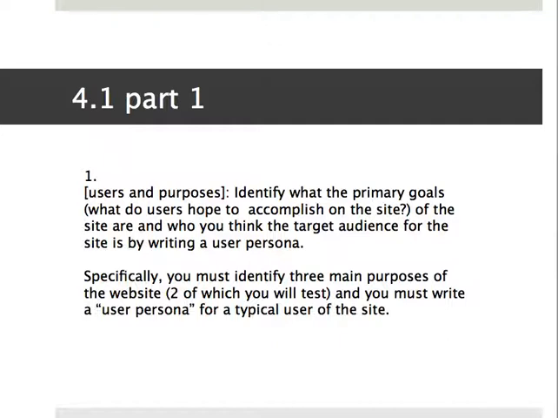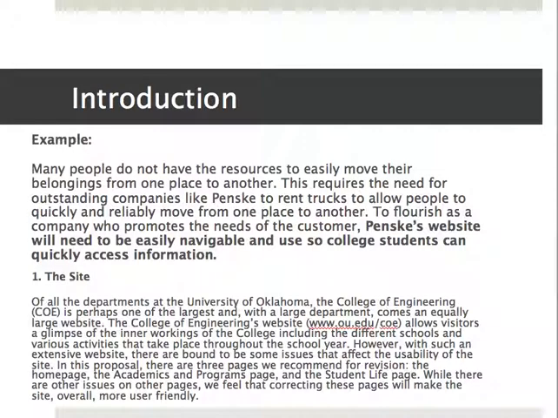Use the feedback that you've gotten from your persona before to write a really fleshed out great persona for this. But you're also going to write an introduction where you identify 3 main purposes of the website and write about the intended audience using that persona as kind of the basis as you describe the audience needs and the purpose of the website. So this is part 1.